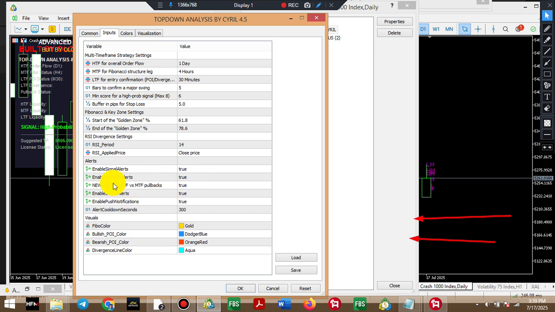We have alert for liquidity, then we have alert for pullback on lower time frame. Those ones you put them to off, then you leave only the signal. That's how I built it so that you won't be receiving unnecessary notification. Anytime you receive a beep alert, you know that it's a signal alert. So you quickly go, then you can modify and take your entry and use your TP and stop loss.